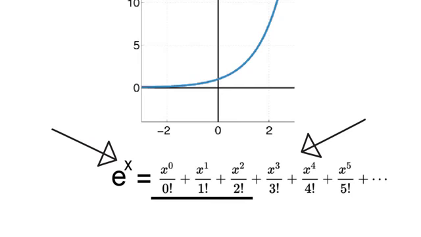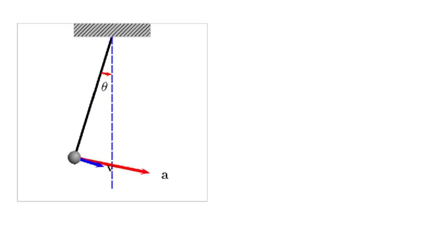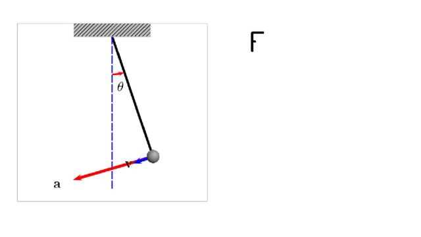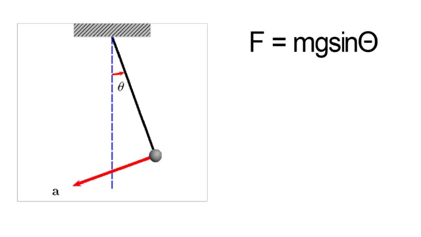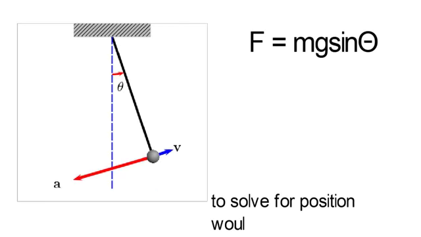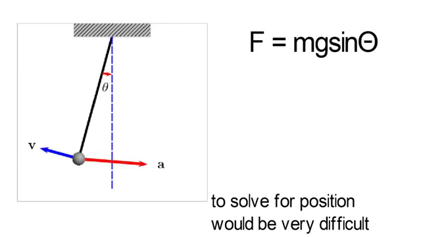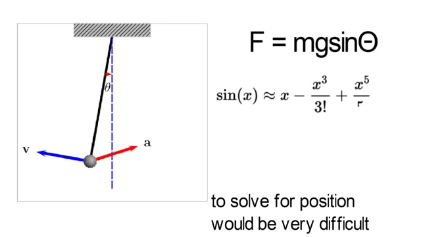The first time you would see where this is used is in physics. In physics, the force on a pendulum that is swinging is mg sine of theta, where theta changes as it swings. But given this force, to solve for position would be very difficult if you tried. You'll see in this class that sine of theta can be represented also by its Maclaurin series.